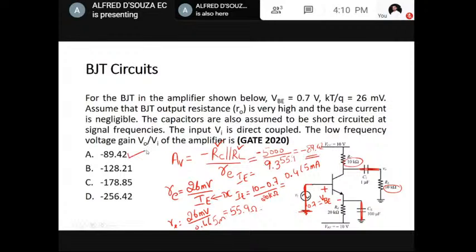That is option A. So always for common emitter configuration, the voltage gain is minus RC parallel RL divided by RE. This is the model parameter. And RE can be calculated as 26 millivolt by IE.